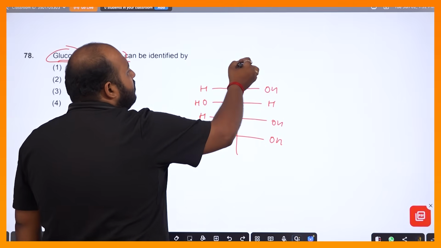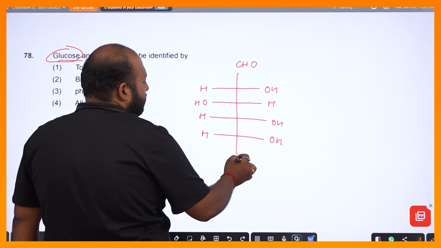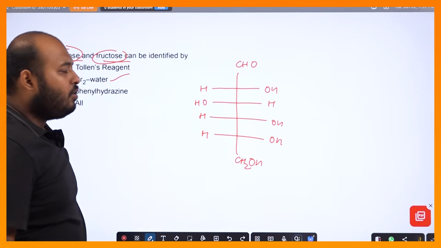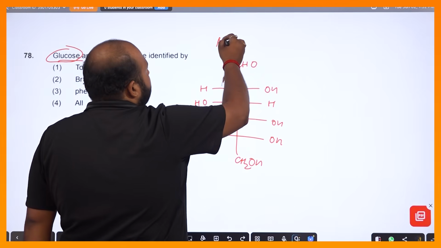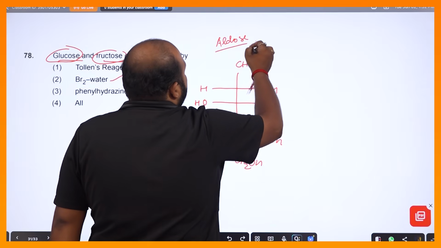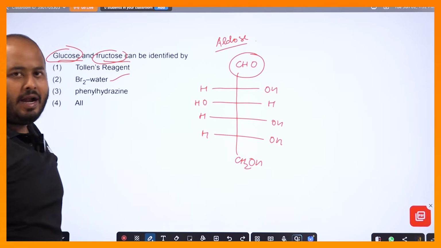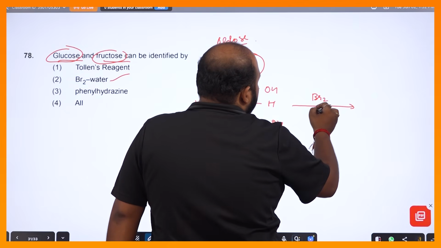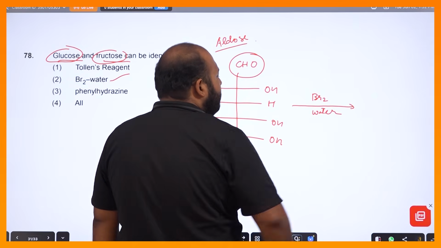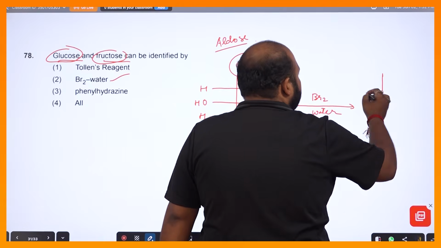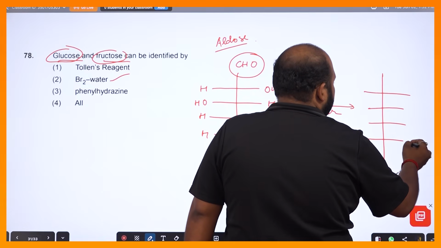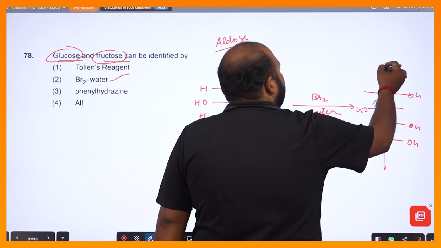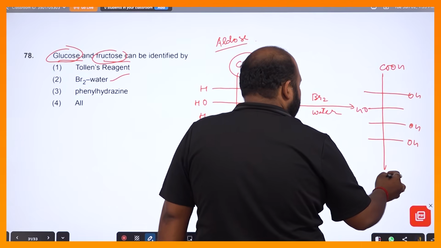If you look at the structure for glucose, glucose is an aldose. It has a functional group aldehyde. So in the presence of bromine water, it will get oxidized to COOH.